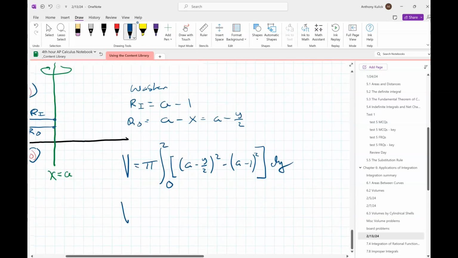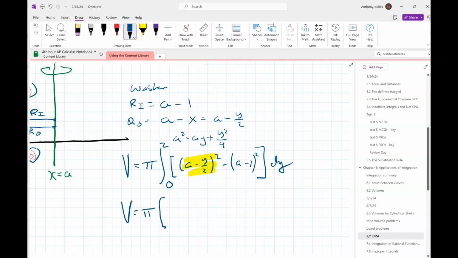Okay, so let's go ahead and do our integration. I'm going to FOIL this piece out, but I'm not going to bother FOILing the other piece out. Why don't I need to FOIL out the other piece to do the antiderivative of it?